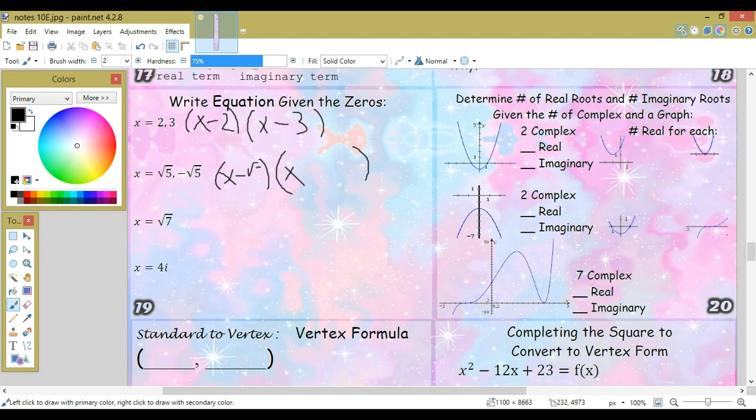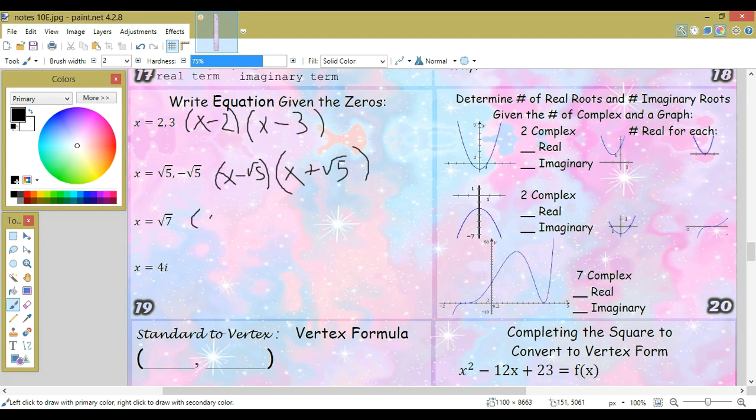x minus square root of 5, plus square root of 5. One thing about irrational numbers that have square roots and imaginary numbers is that it can't have one without the other. It has to have plus and minus here.